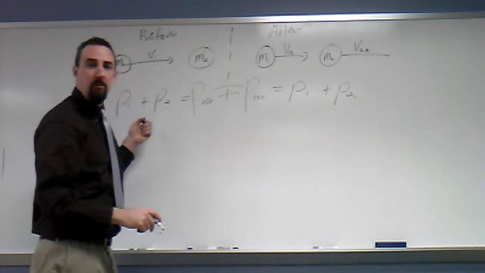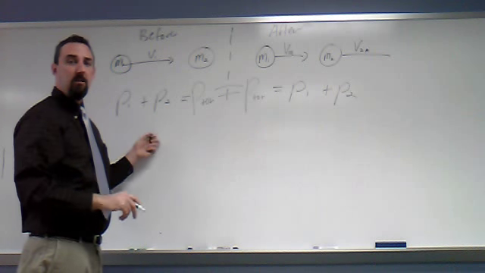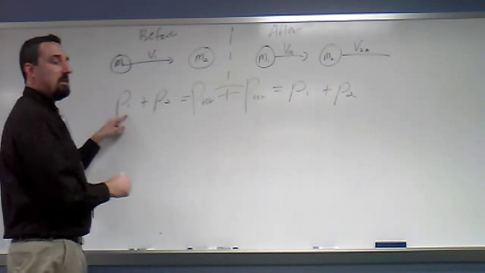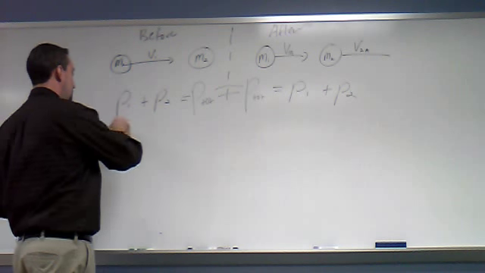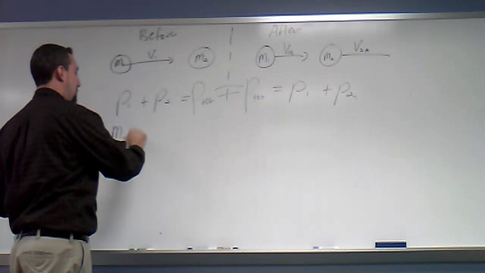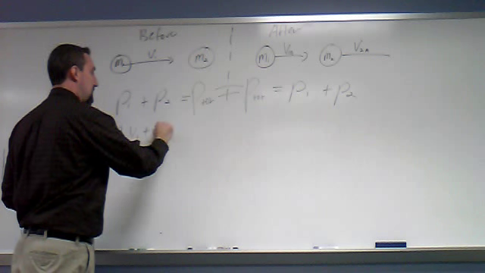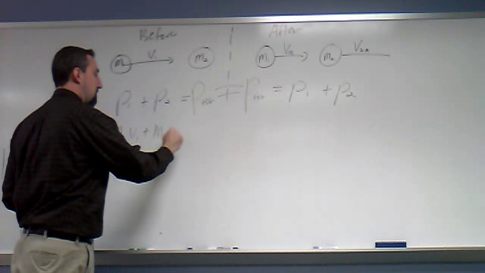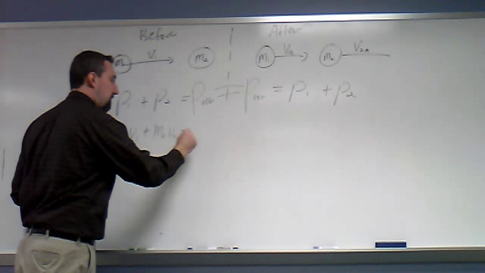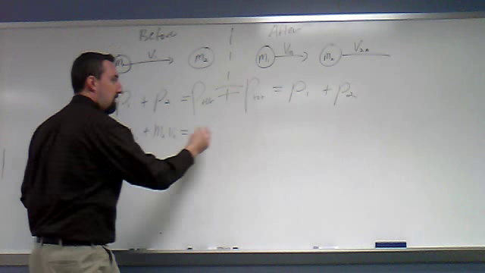Same thing over here. Momentum of object 1 plus the momentum of object 2. While momentum is not a really complicated concept, it's not a hard formula. The momentum for object 1 is M1 times V1 plus the momentum for object 2, M2 times V2, equals total momentum.